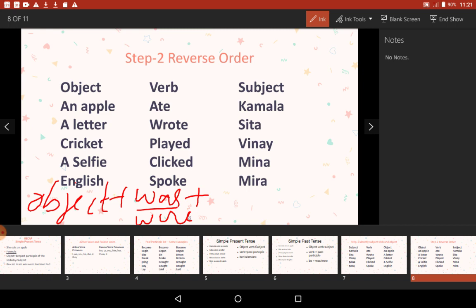After this, what do we do? Write past participle of verb and then by. Lastly, you will write subject. So, I hope you have understood both the present tense and past tense passive forms.